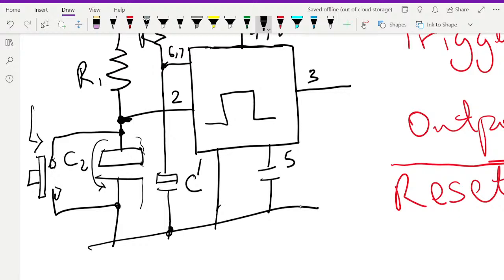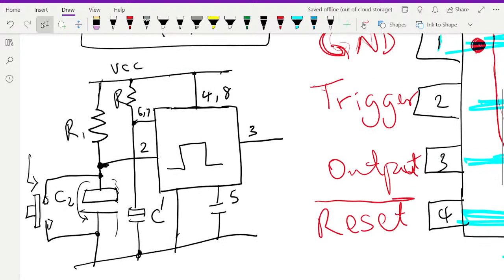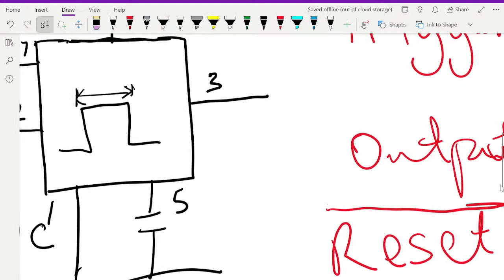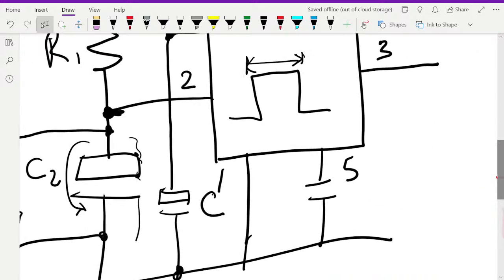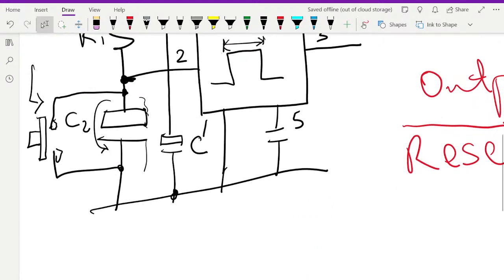Your R and your C, like we have inside here, this R and the C that connect between pin 6 and 7, that is what determines your monostable period, how long the pulse stays on. Right? So the output pulse width is your monostable period. And you can find that by, let's move this a little bit.